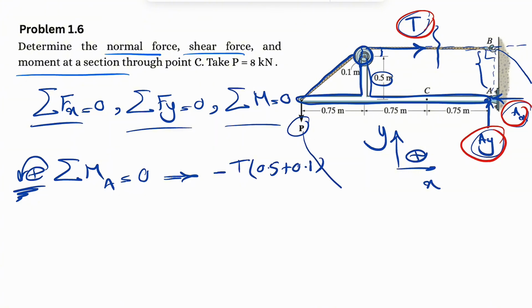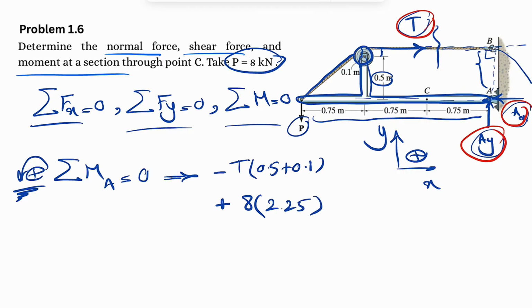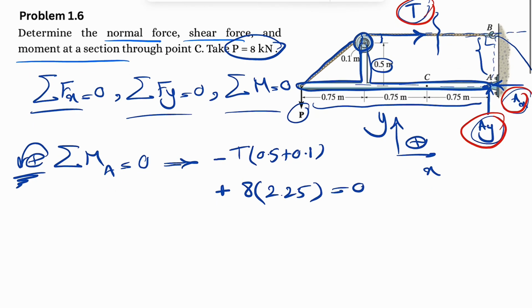We also have the moment of P, which is counterclockwise, so plus P. We know P is 8 kilonewtons, so 8 times the vertical distance from A to the line of action of P, which is the length of this beam, 3 times 0.75, which is 2.25, equals 0. That's going to give us the tension in the cable in kilonewtons.